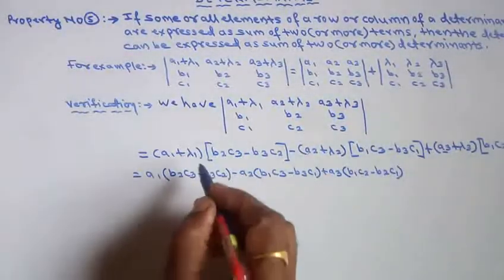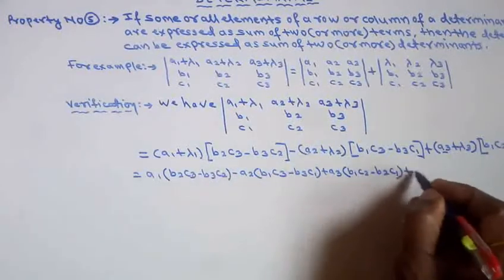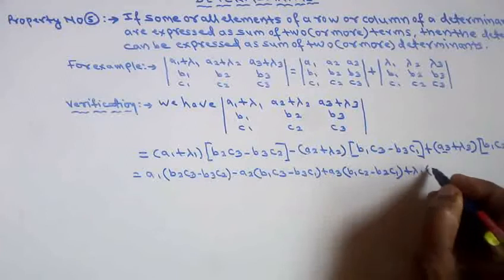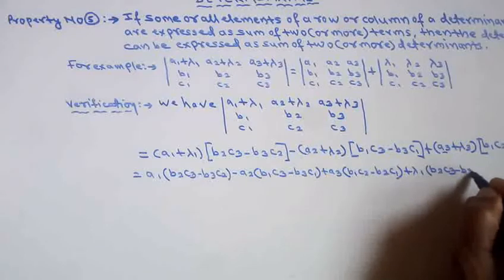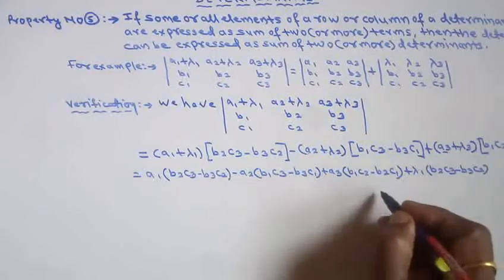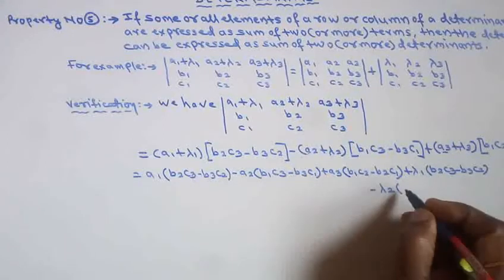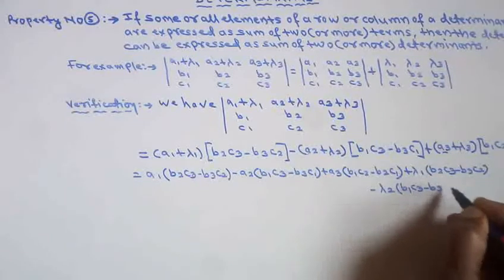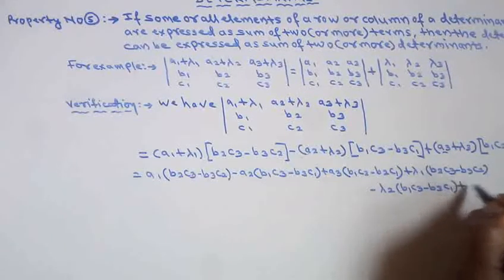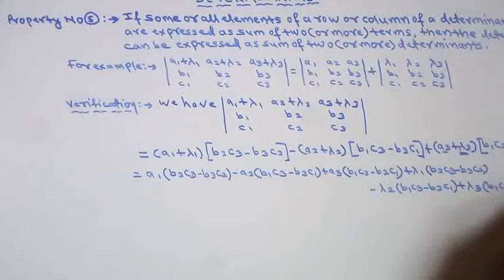Okay, plus this lambda 1 is also multiplied with this bracket, so plus lambda 1 into b2 c3 minus b3 c2. Okay, then minus lambda 2 into b1 c3 minus b3 c1 and plus lambda 3 into b1 c2 minus b2 c1.